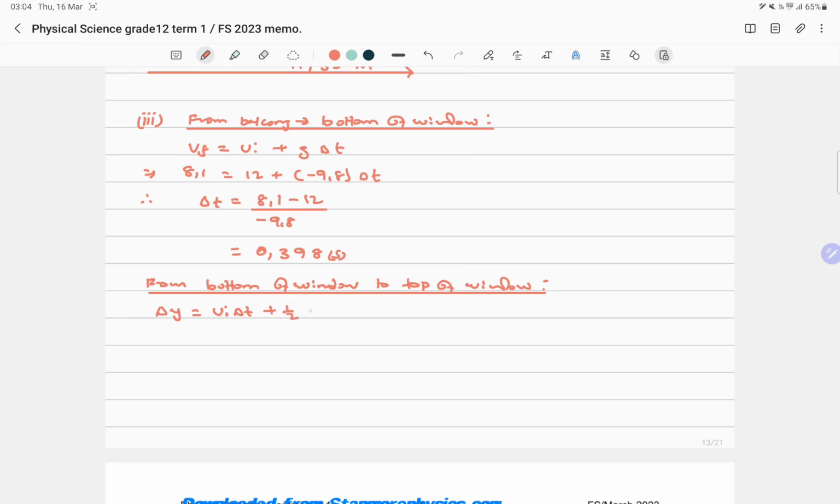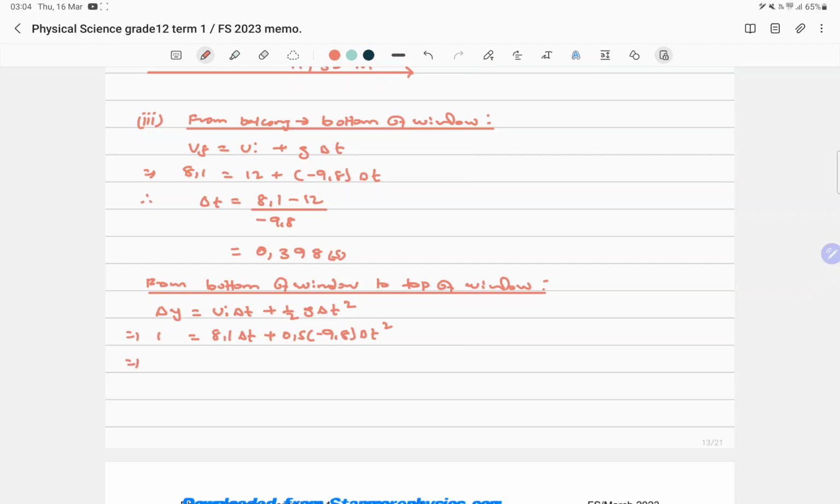And then this implies that 1, because this is 1 meter, equals the initial velocity there is 8,1 delta t plus, now we've got 0,5 into minus 9,8 delta t squared.